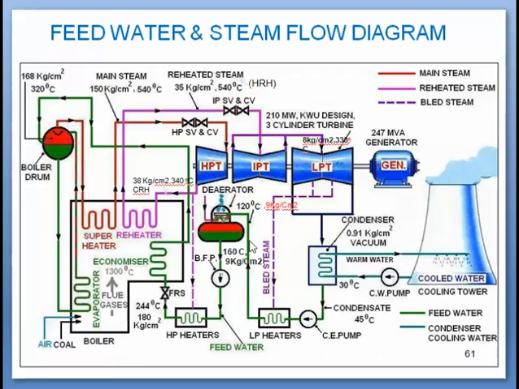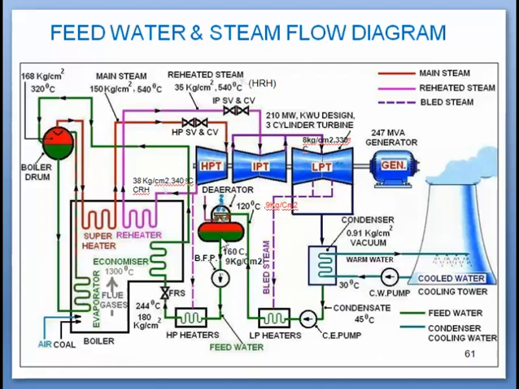Now this feed water goes to the deaerator, where again it gets heated to remove the dissolved gases, and this heating is done by the extraction taken from the IP turbine.